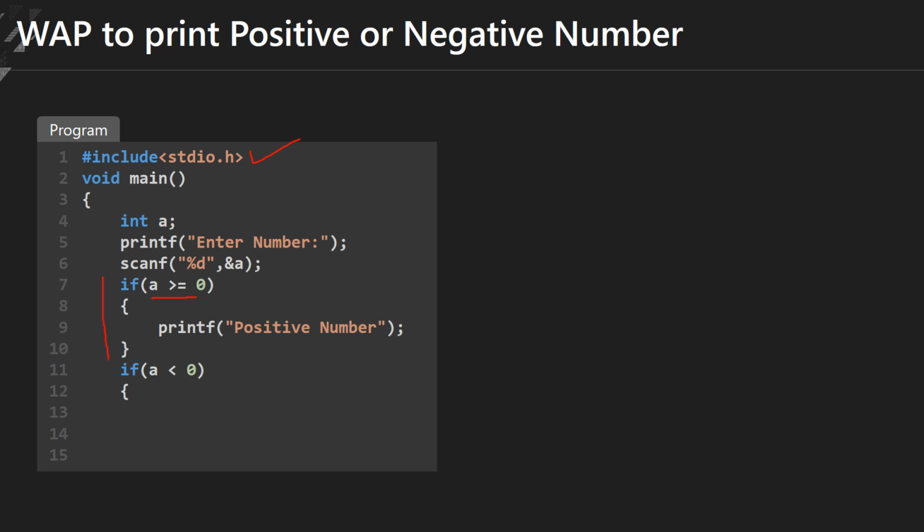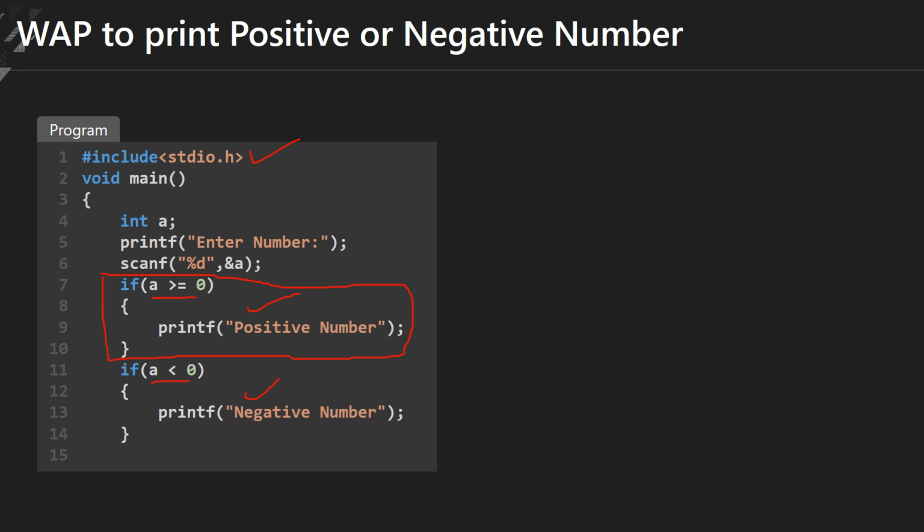Here the else statement will not come, right? You have to check this. So if it is greater than or equal to 0, this part will be executed. If a is not greater than or equal to 0, then it will come and check the other if statement. If a is less than 0, then this statement will be executed. So the output will be negative number.